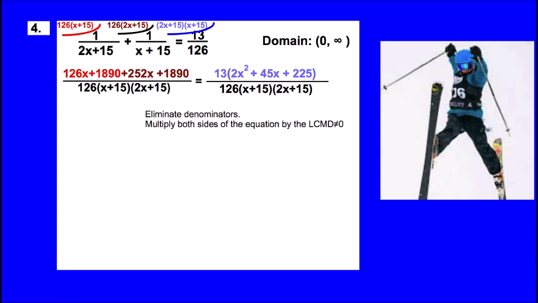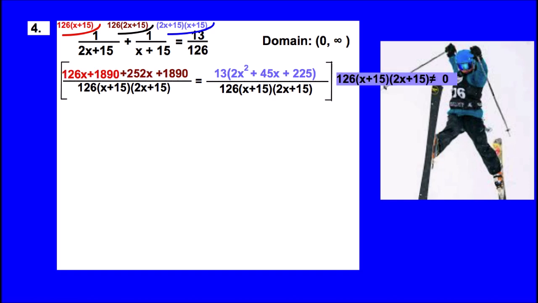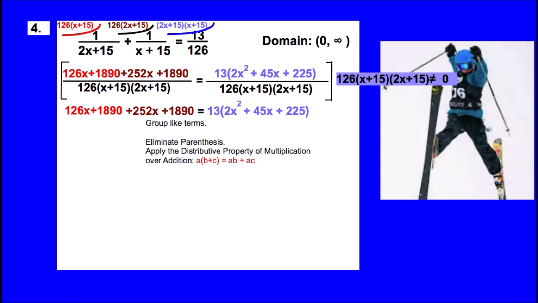Eliminate denominators by multiplying both sides of the equation by the LCMD, which is not equal to 0. This is equivalent to 126x plus 1,890 plus 252x plus 1,890 is equal to 13 times the quantity 2x squared plus 45x plus 225.